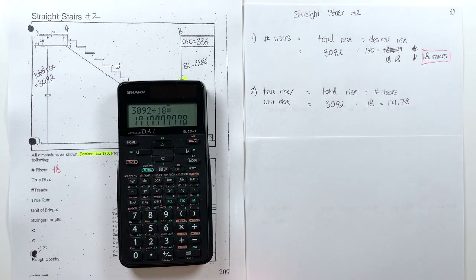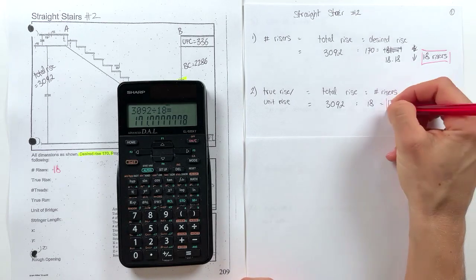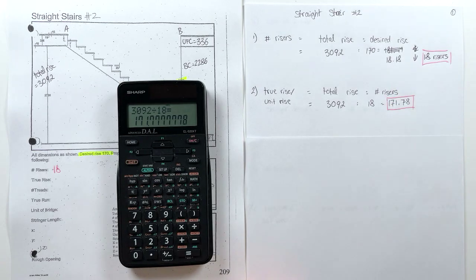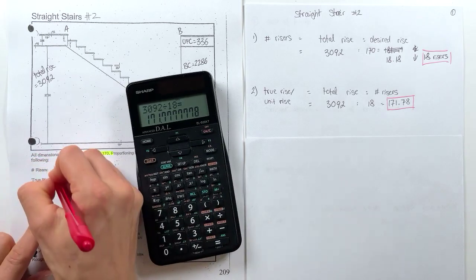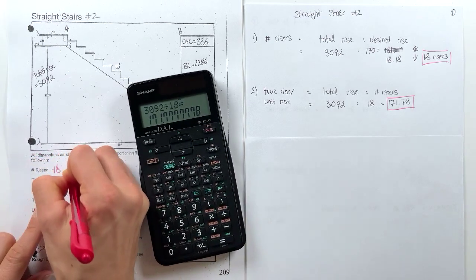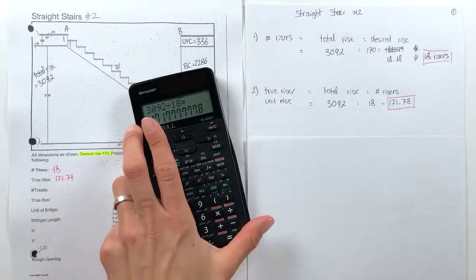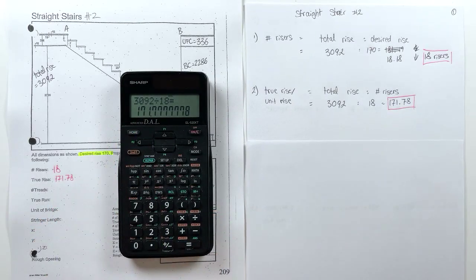Cool. I usually keep about 2 decimals during the math for these. Again, check with your instructor, but this gets you pretty accurate results. Okay, so true rise, we can fill that in. 171.78. Wonderful. It's going pretty well so far.